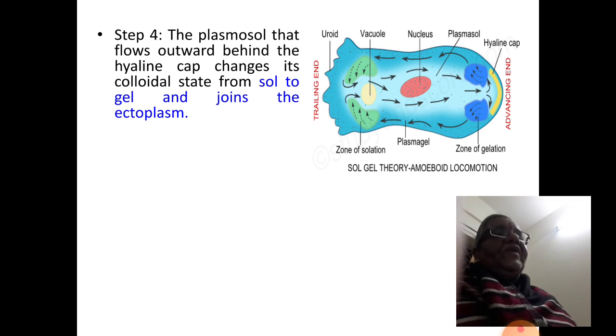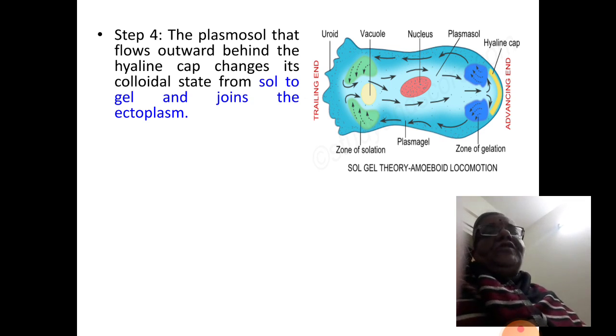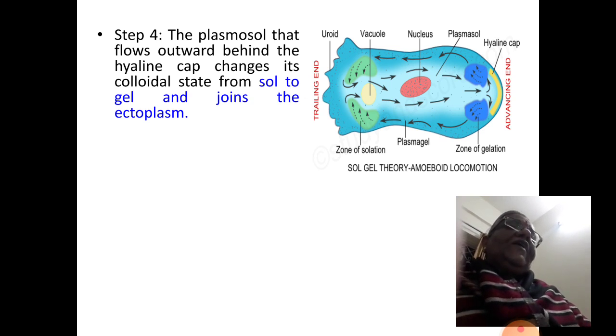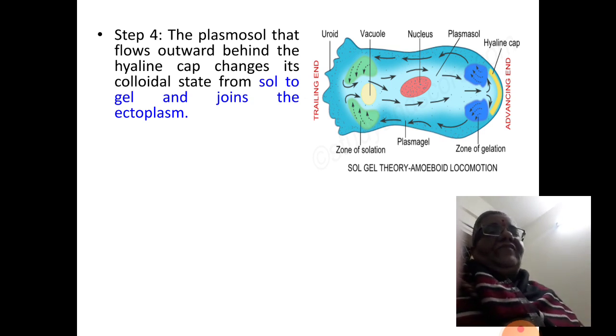So it transforms itself from sol to gel and joins the ectoplasm by losing water. When water accumulates here, there is further growth of the pseudopodium in that direction, okay?